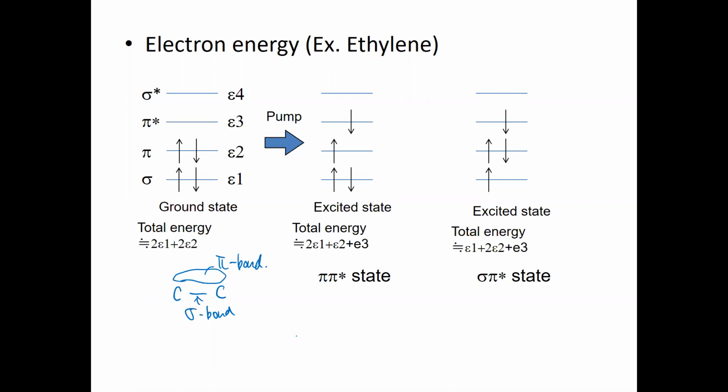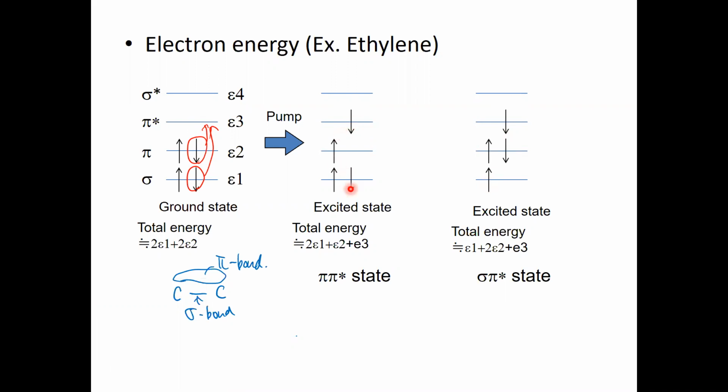One type is like this one, but the other type is you can excite this one too. When this one is up here, it looks like this. On the other hand, if this one is excited, you can have this kind of electron configuration.